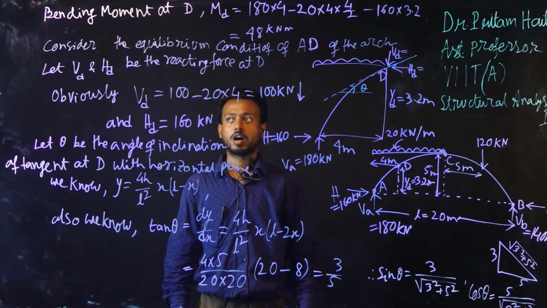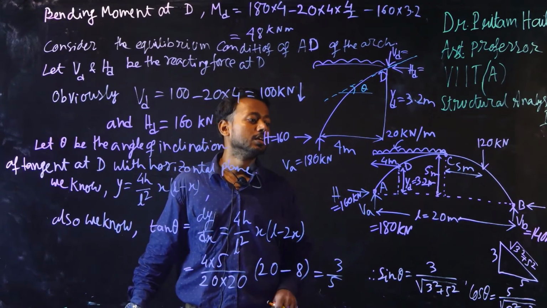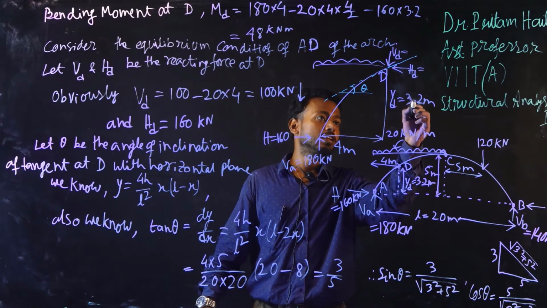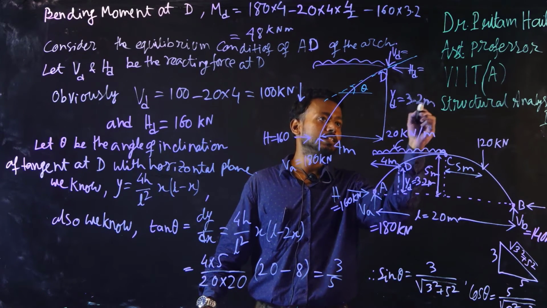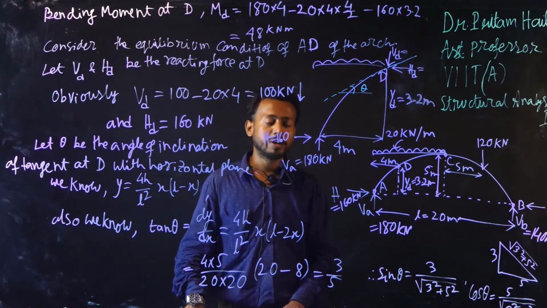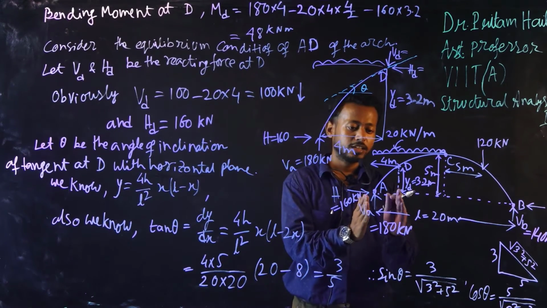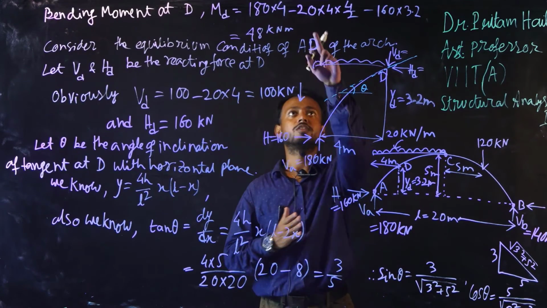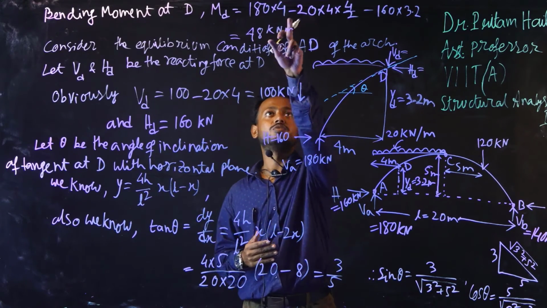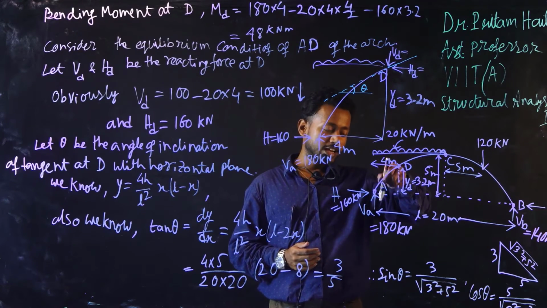Now we will calculate the bending moment at point D. We have calculated the ordinate at point D, that is 3.2 meter. Taking moment about D, we have VA into this 4 meter distance, so 180 into 4, minus the UDL, which tries to rotate this arch in anti-clockwise direction.